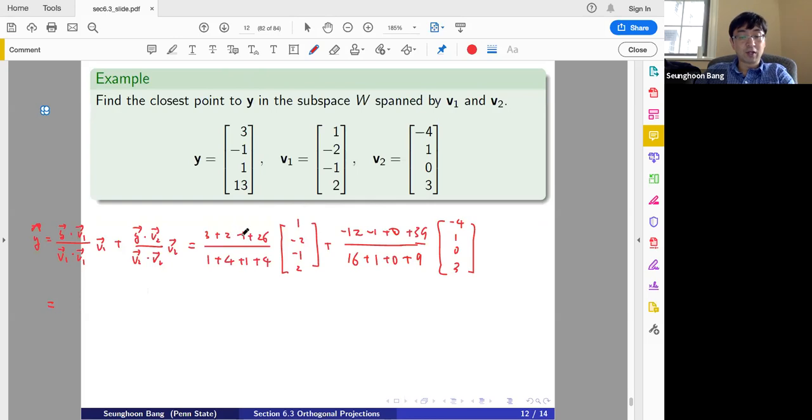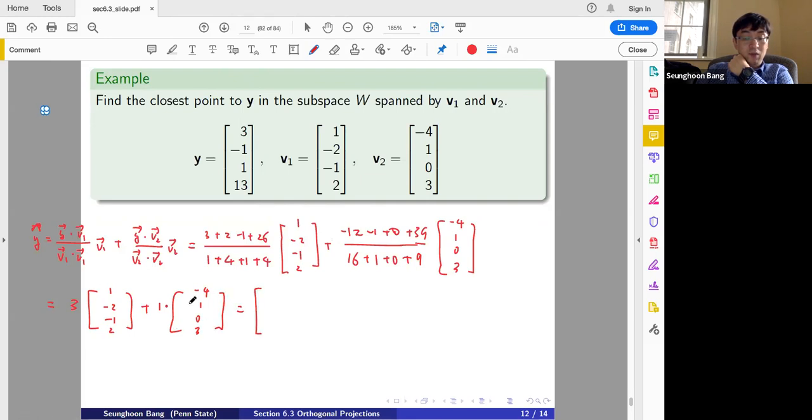So 3 minus 2 minus 1 is like 4. 4 plus 26 is 30. 30 over 10 is 3. So 3 times (1, negative 2, negative 1, 2). Here, negative 12 minus 1 is negative 13. Negative 13 plus 39 is 26, right? 26 over 26 is just 1. 1 times (negative 4, 1, 0, 3).